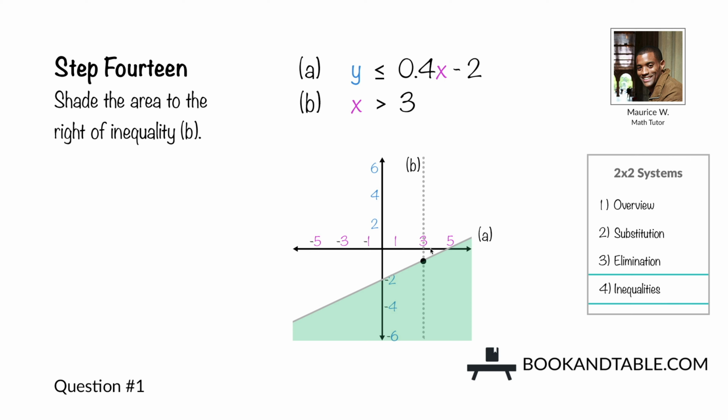On the x-axis, the values go from 3 to 4 to 5 to 6 and so on. So they get greater to the right. So we shade the points to the right. And when we do so, we see the overlapping area below A and to the right of B is here. So this would be the answer to question number 1.